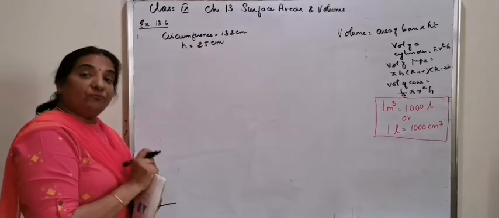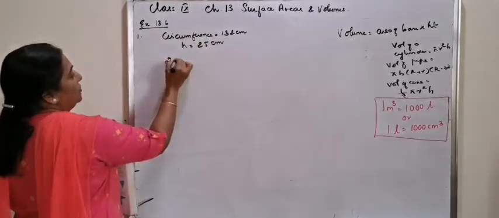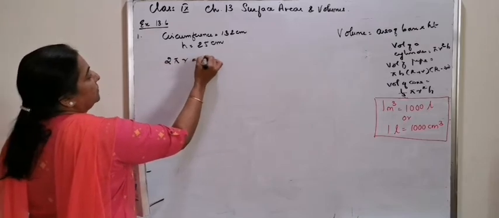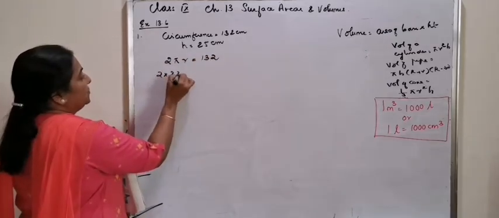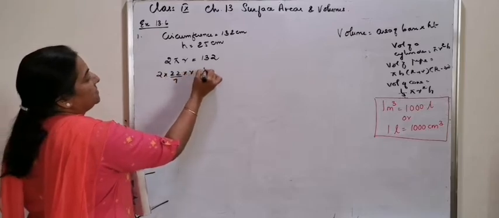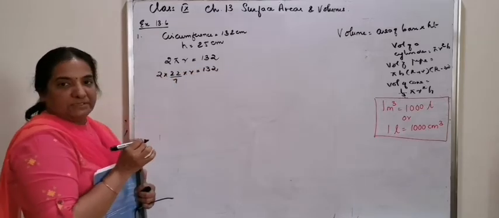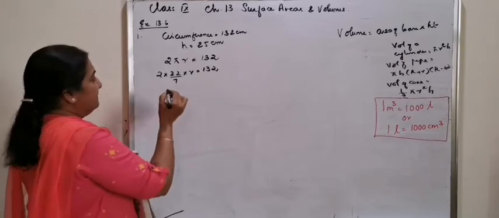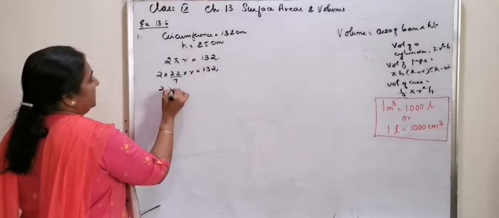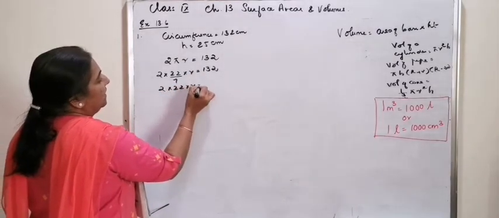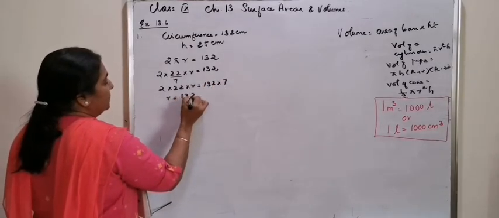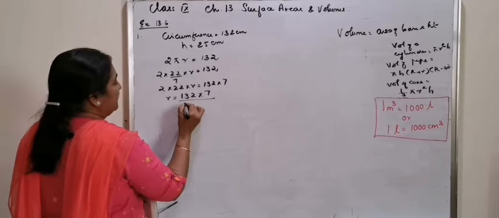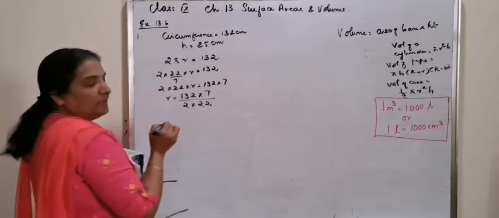What is the circumference of a circle? 2 pi r is equal to 132, and on substitution, 2 into 22/7 into r is equal to 132. We will only simplify, cross multiply. 2 into 22 into r is equal to 132 into 7, or r is equal to 132 into 7 by 2 into 22.